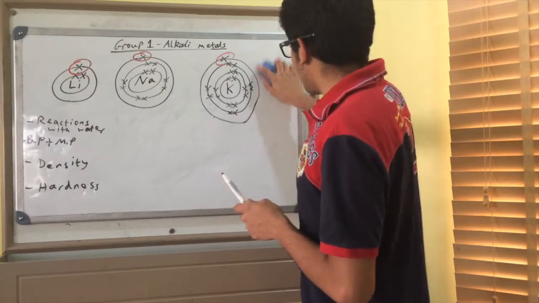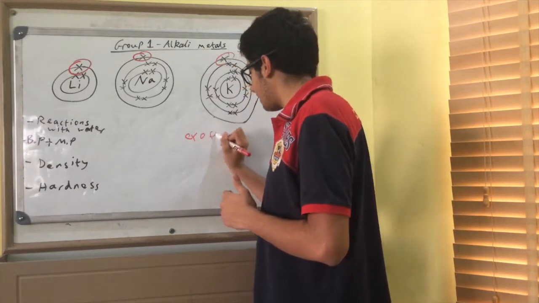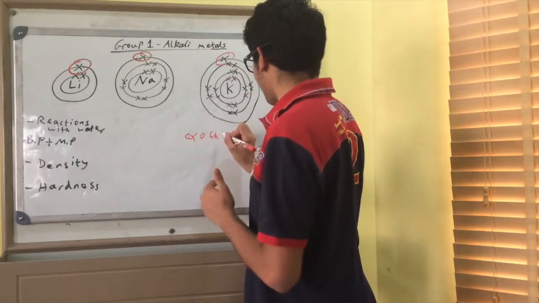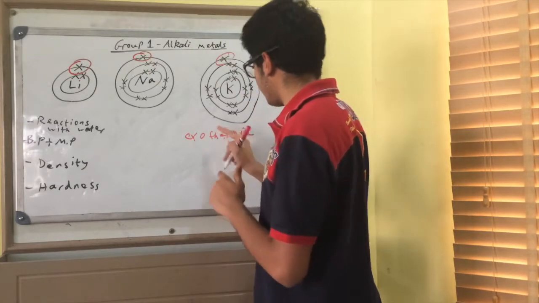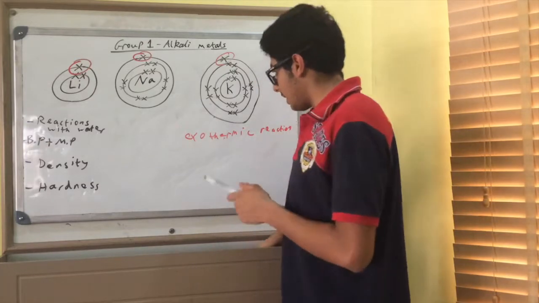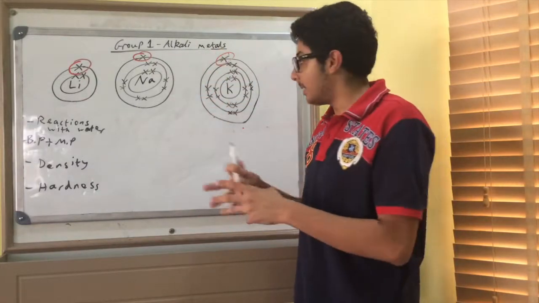And so, with these metals, there's an extreme exothermic reaction. When they react with water, they produce lots of heat. And some of them even form bonds, and they melt.